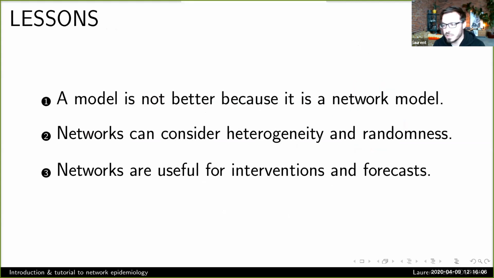So I've been working in network epidemiology for over a decade now, and today what I'd really like to do is share some of the big picture lessons that I've learned during that decade. As you see on the screen right now, I think one key thing to remember throughout the talk is that a model is not better because it is a network model. Network models are not somehow different from every other type of disease model.